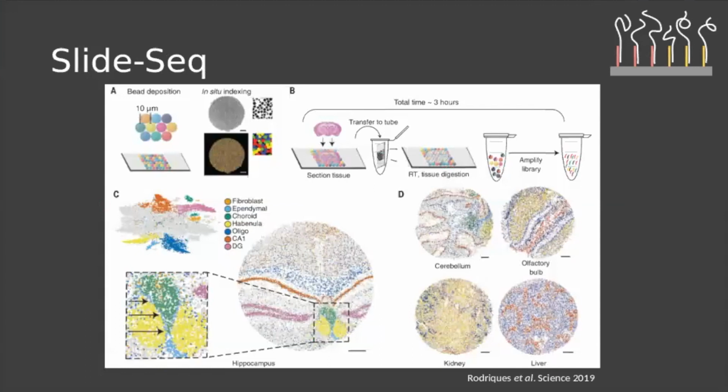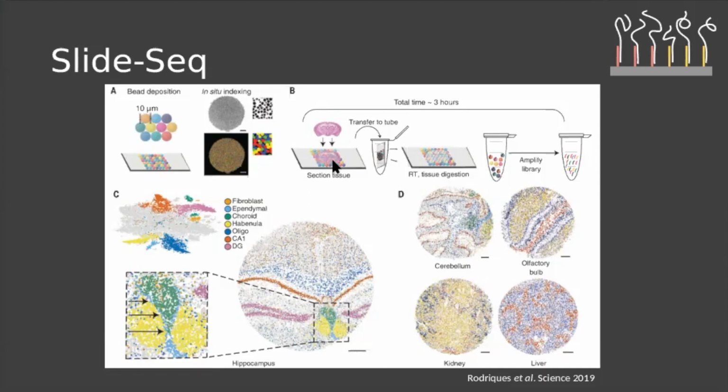This is the published one. It's called SlideSeq. Starting in the top left corner, you have these beads. They are packed on the surface, and they use in situ indexing, sequencing the barcode to resolve the location of these dots. So now they know for each bead where it is located. Then, like I said, they put the tissue section on top.